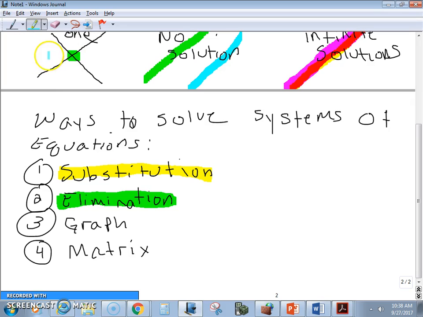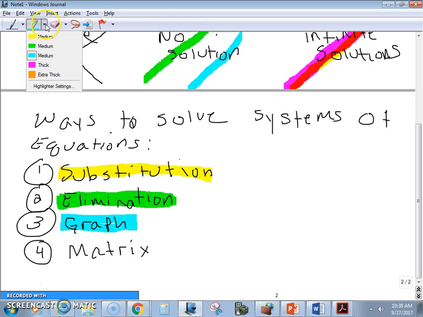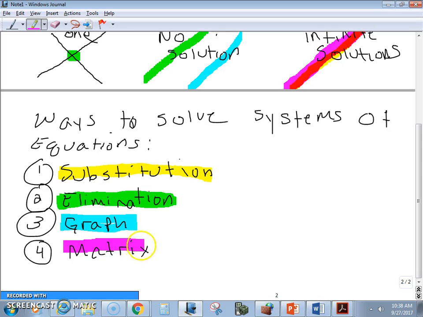We can graph them on the calculator and find out where they intersect. We're not going to do matrices by hand this year, but you could use the matrix on the calculator to find out. So let's just start with substitution.